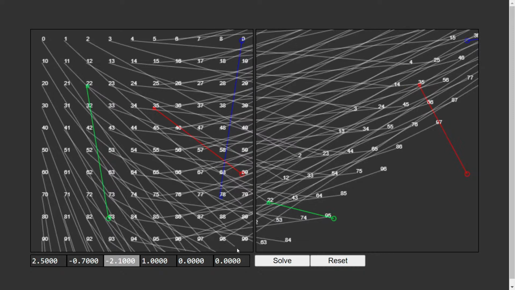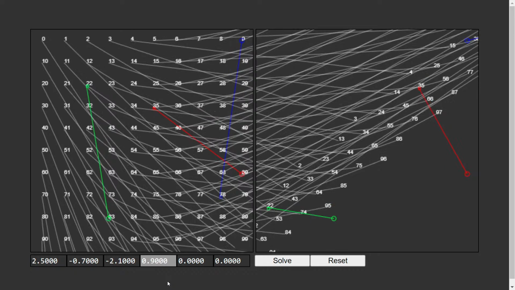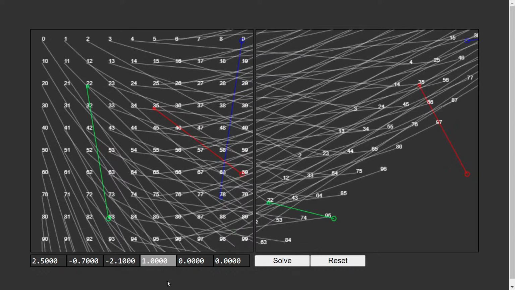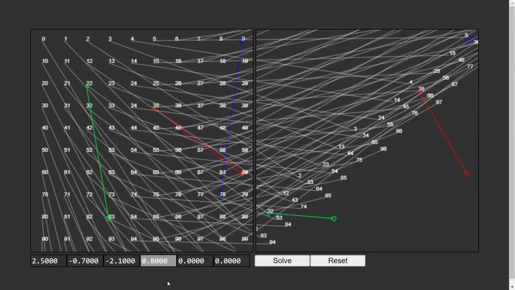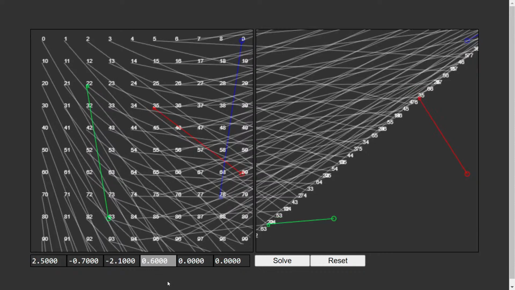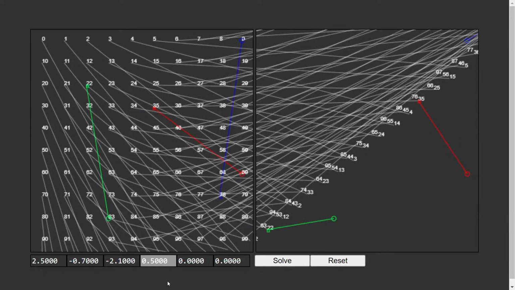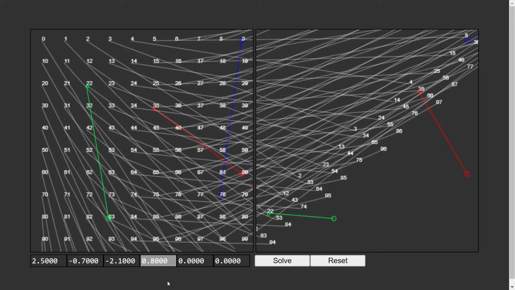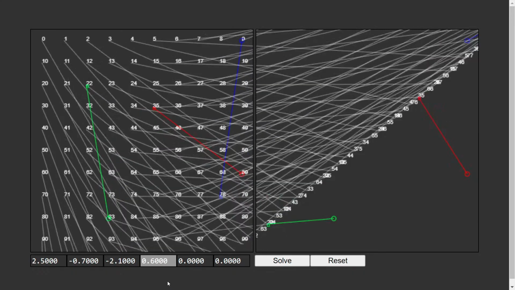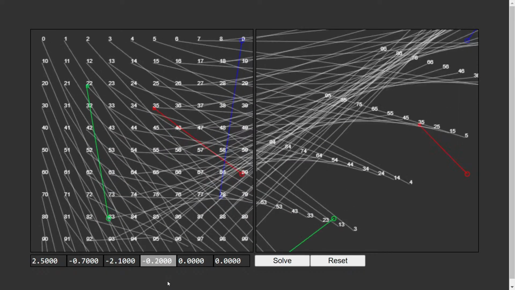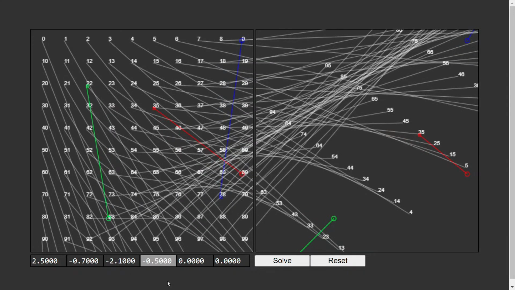And then this I think was also negative 0.5. That doesn't quite, oh, negative 0.5. Wait. No, that doesn't look the same at all. Okay, resolve.